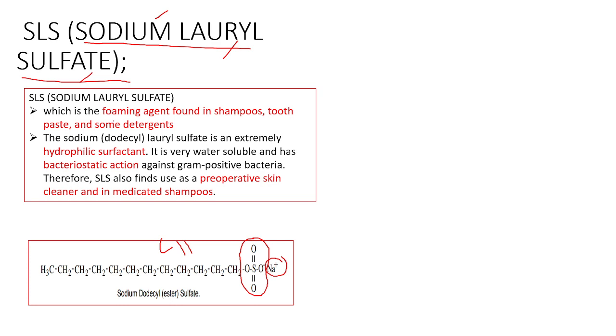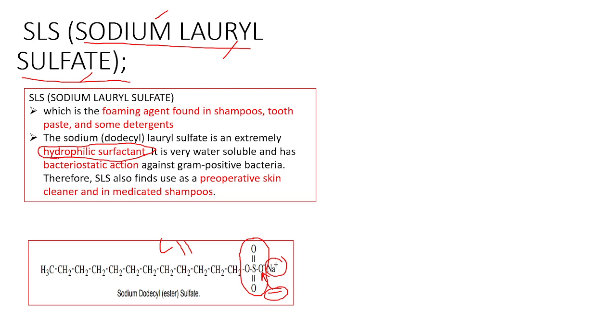See, this sodium lauryl sulfate is hydrophilic in nature. It is anionic in nature, meaning a negative charge is present on the oxygen atom. Any compound that contains a positive or negative charge is polar in nature and easily soluble in water.